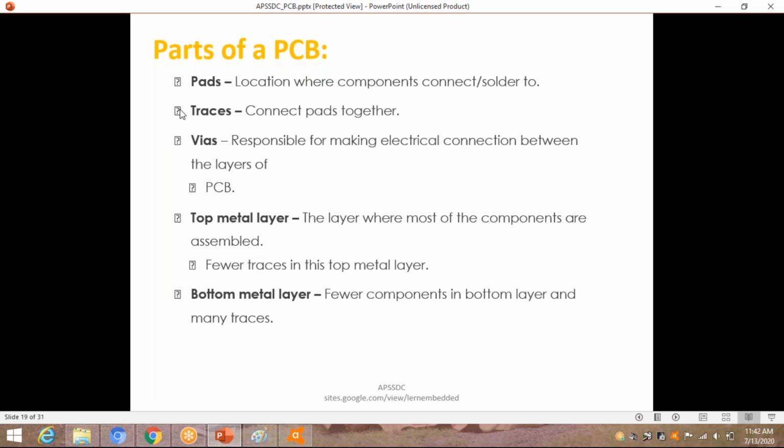In the top layer we will observe only a few tracks, whereas in the bottom layer we will observe fewer components but several layers of tracks. Is it clear, guys? Yes, sir. Can I move to the next slide, guys? Yes, sir.